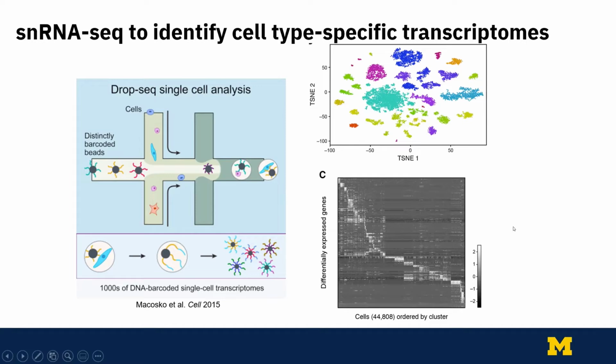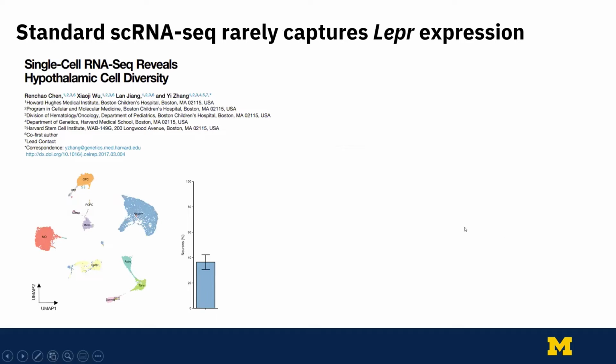Now, one of the issues with a lot of the droplet-based forms of single-cell sequencing is that they tend to be very low depth, and the leptin receptor itself is a very lowly expressed gene. For example, I'm showing you here an early published single-cell RNA-seq dataset, one of the pioneer datasets looking into the hypothalamus. You can see they recover all the major cell types, of which neurons are about half.